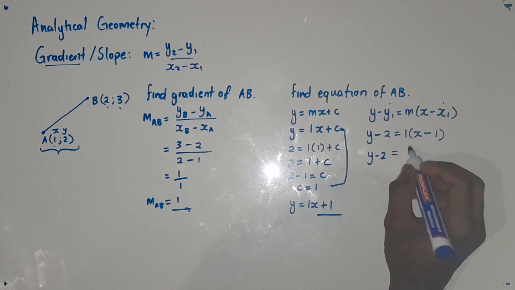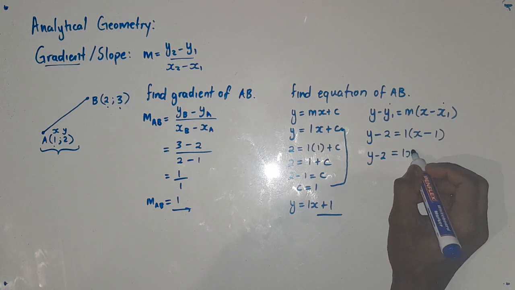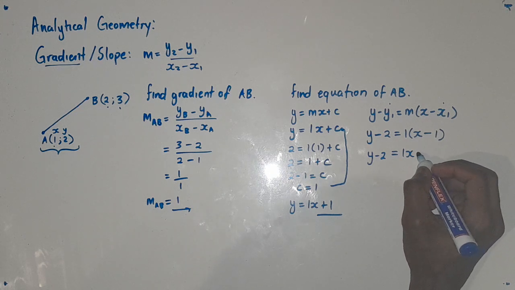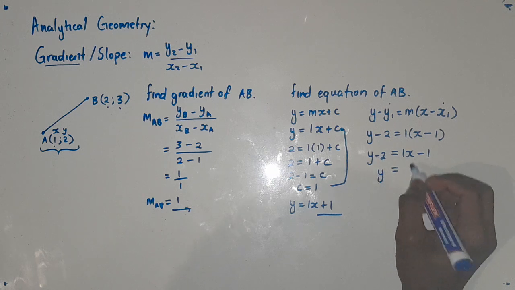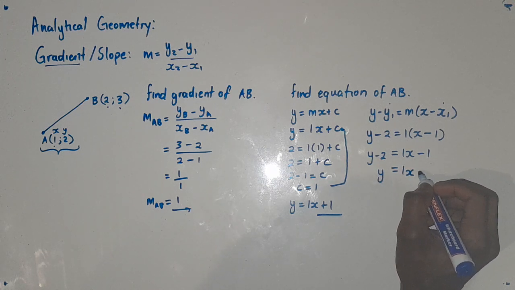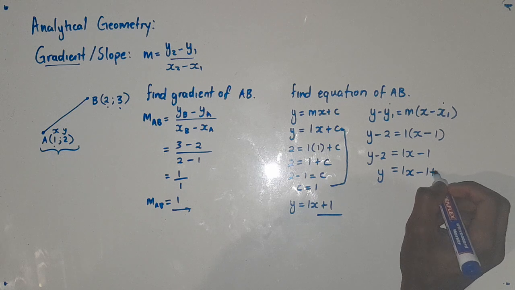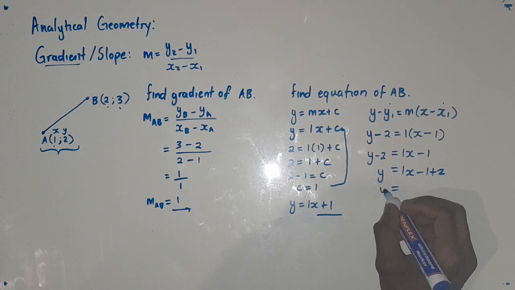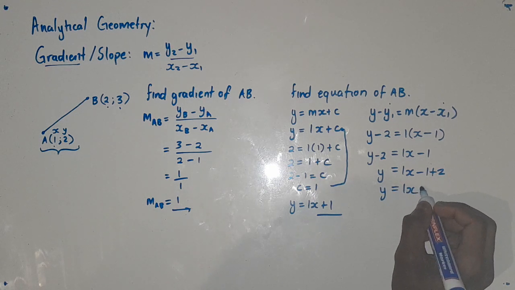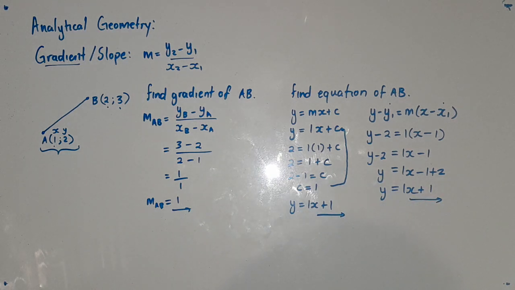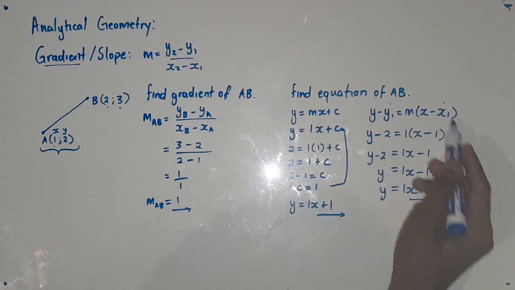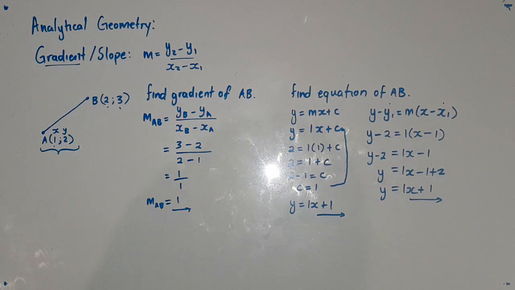We have y minus 2 equals 1 multiplied by x is 1x. 1 multiplied by -1, get -1. Then let us move 2 to the right hand side. We're going to get +2. Finally, this is what now we have. You see, we have the same equation. You can use either this one or this one. Doesn't matter. Any of your choice. Do you understand?